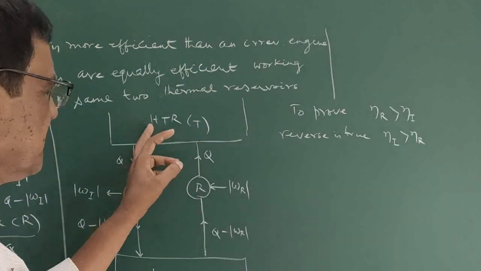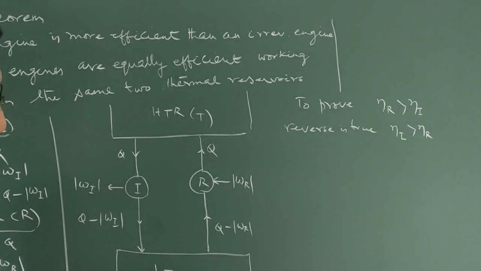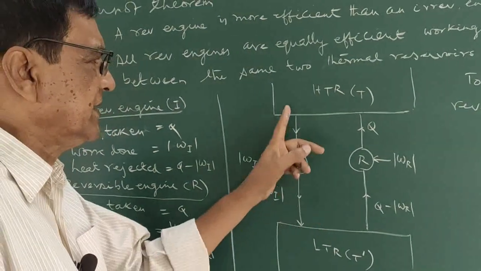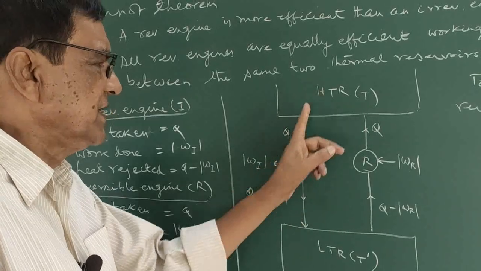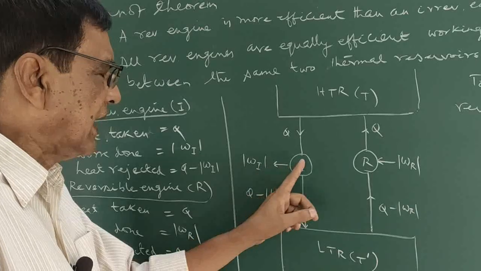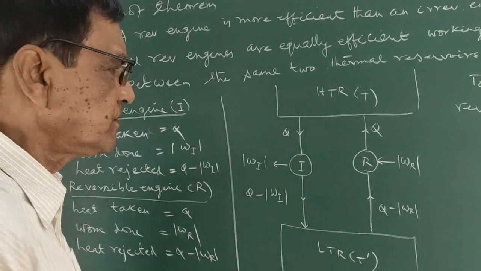This is the HTR, this is the LTR, with temperatures T and T dash, and this is the irreversible engine. It takes heat Q from the HTR and does mechanical work Wi, and the rest of the heat is rejected to the LTR.